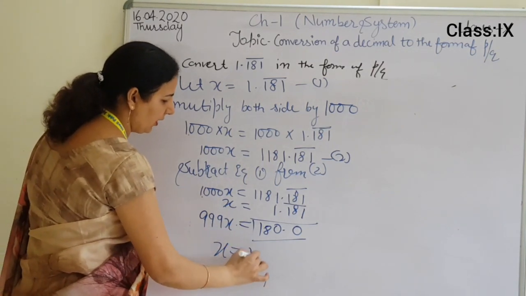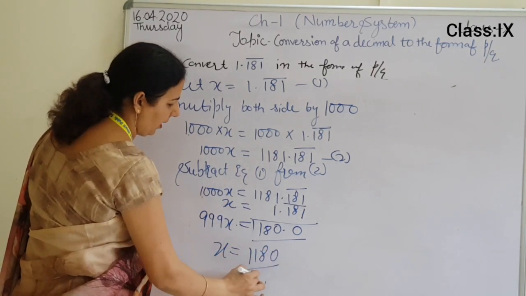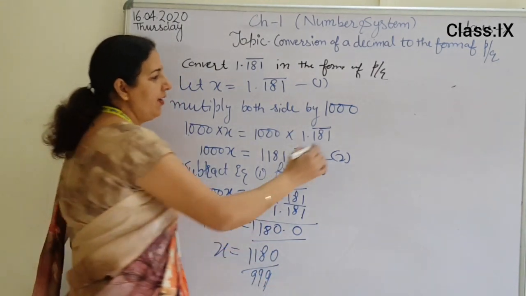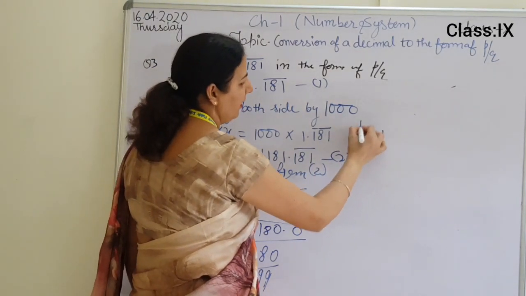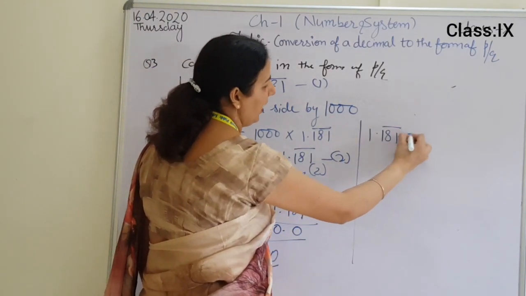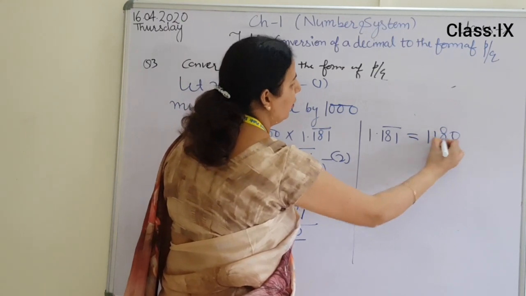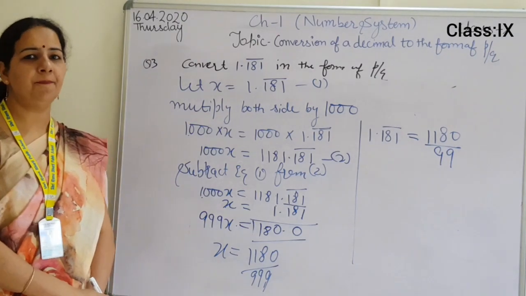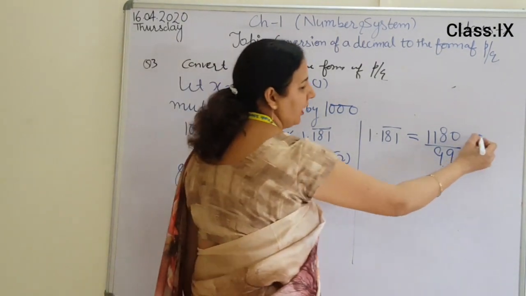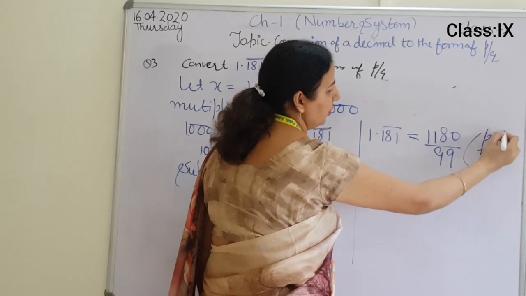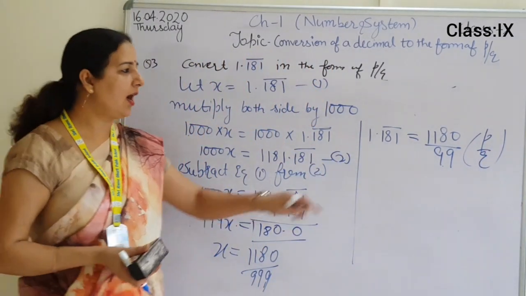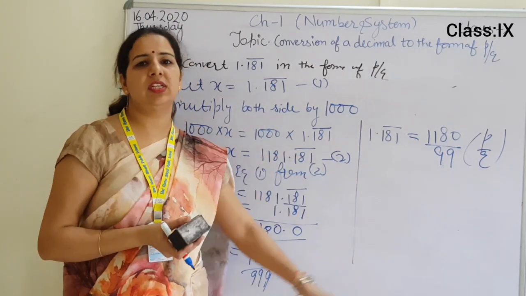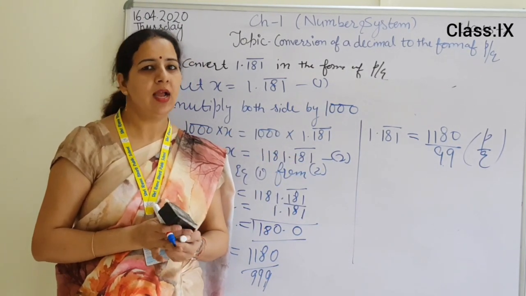So x is equal to 1180 upon 999. So 1.181 bar is in the form of P by Q. If you are able to reduce it to the simplest form, then you have to reduce it. That will be the final answer.